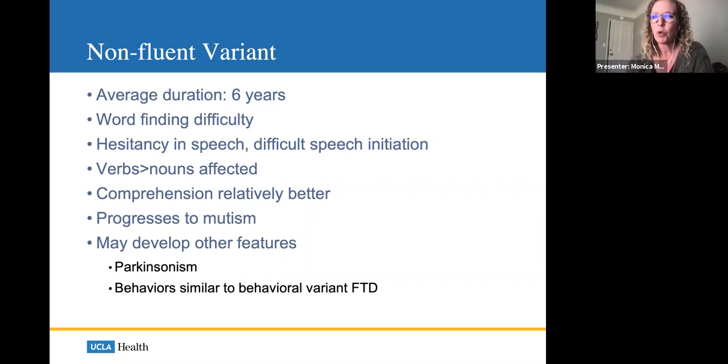If so, there'd be a much greater problem. And for FTD, since it's the second most common form of dementia for people under the age of 65, this is most likely going to affect people who are younger, like 45 to 65 for the most part. Of course, there are people diagnosed later, and there might be people diagnosed earlier, but roughly in that age range.